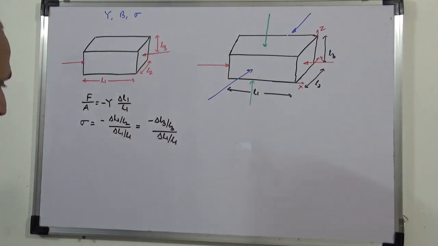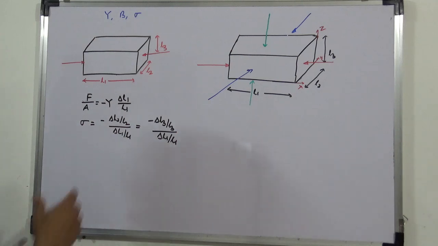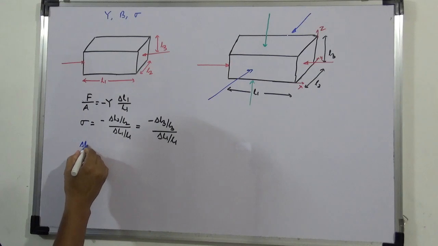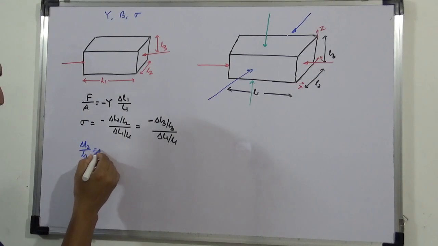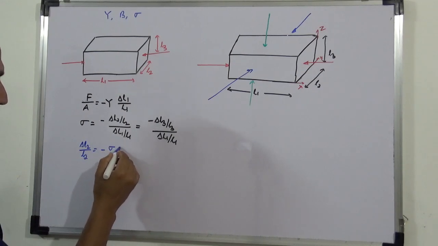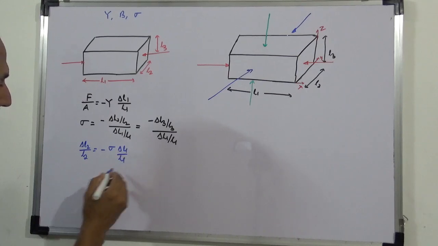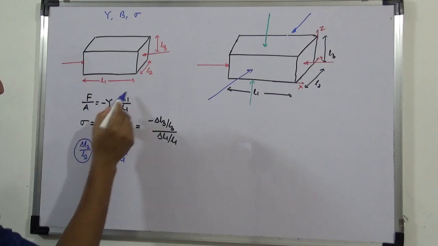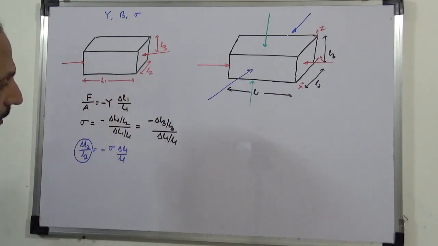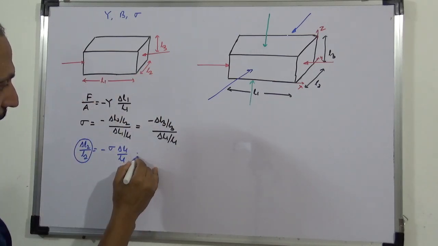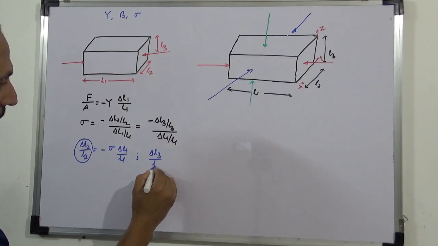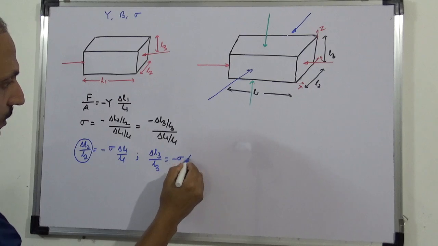So delta L2 by L2 will be minus sigma times delta L1 by L1, meaning the length of L2 will change because of the force along L1. Similarly, delta L3 by L3 will also change because of the force.